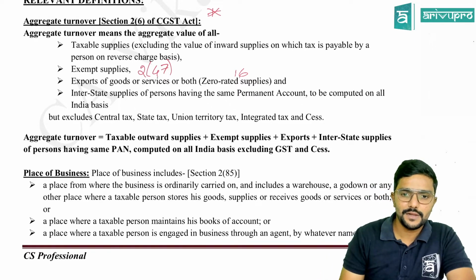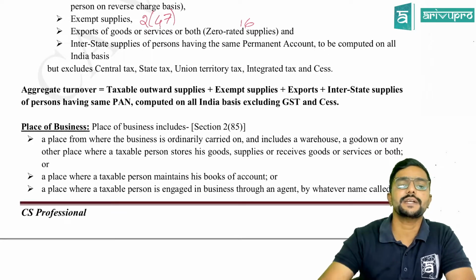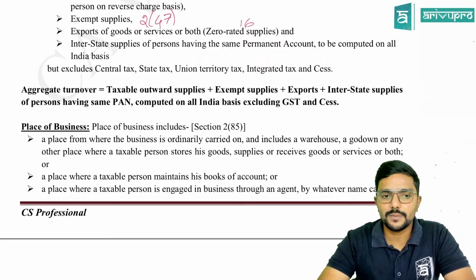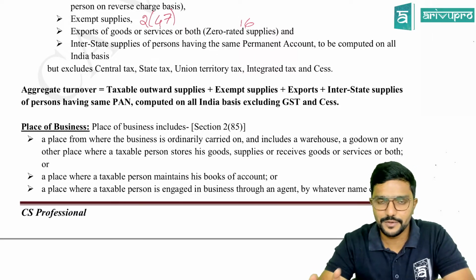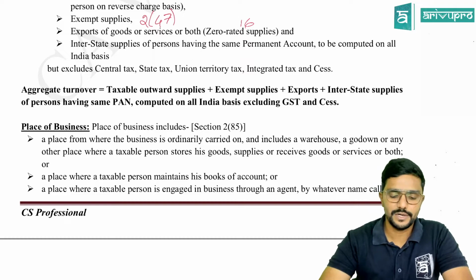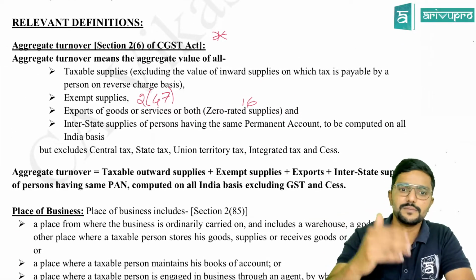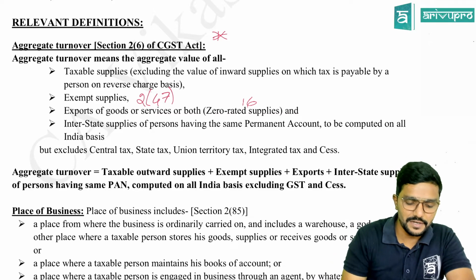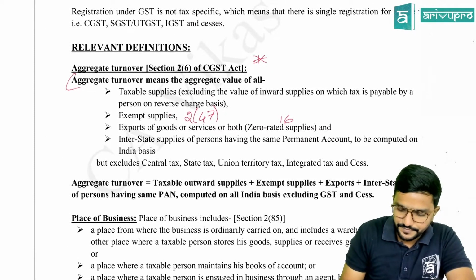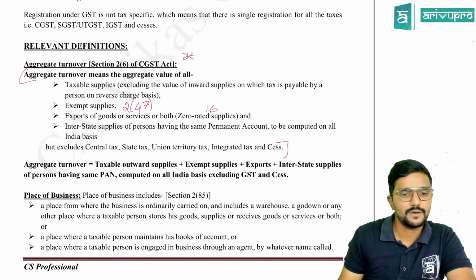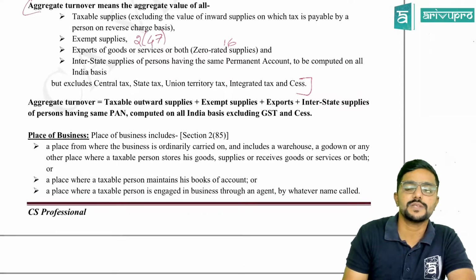So in simple terms, if I write it as an equation, what is aggregate turnover? See, this equation I have just given to make it simple for you. If there is any question on aggregate turnover, please define it as given here in Section 2 clause 6.